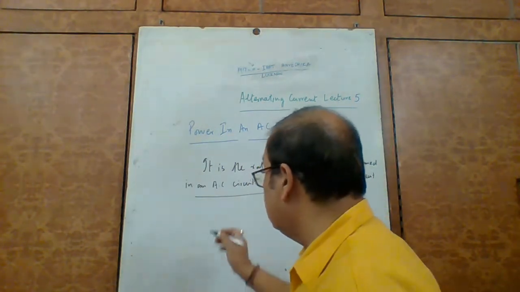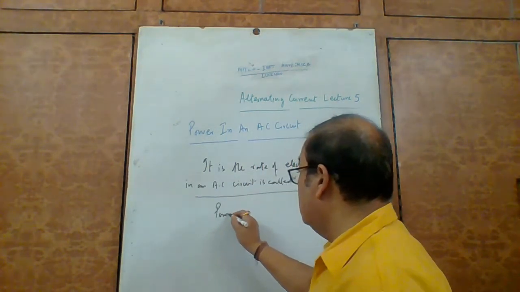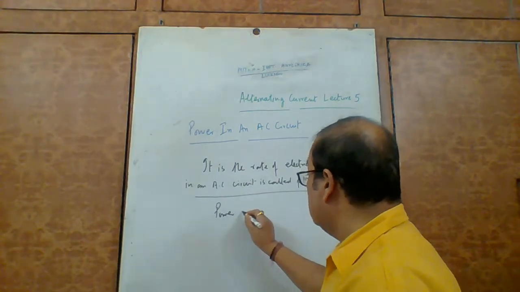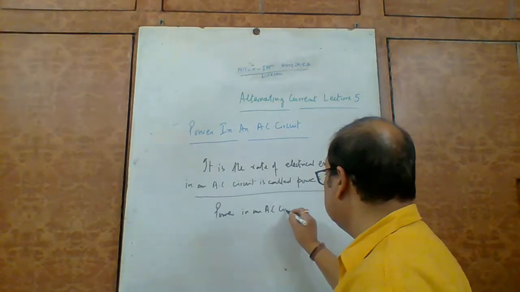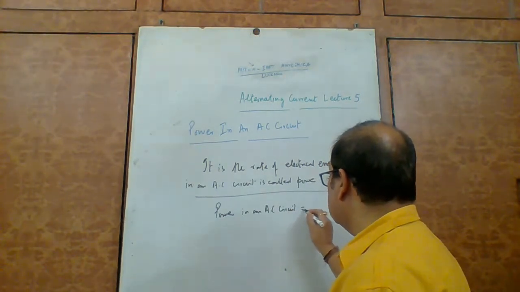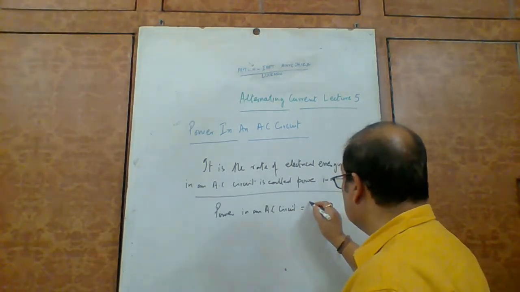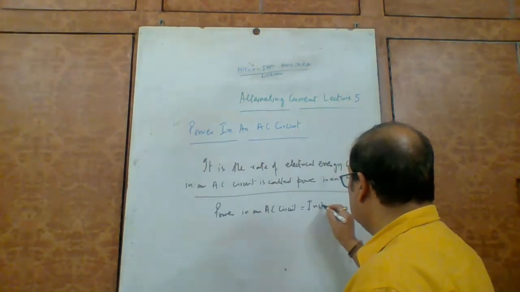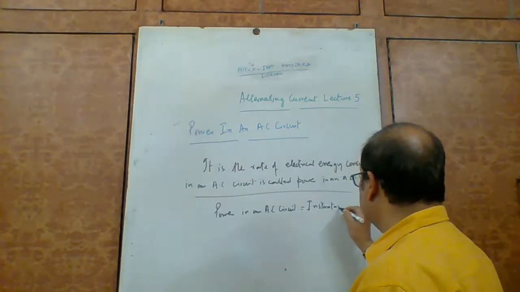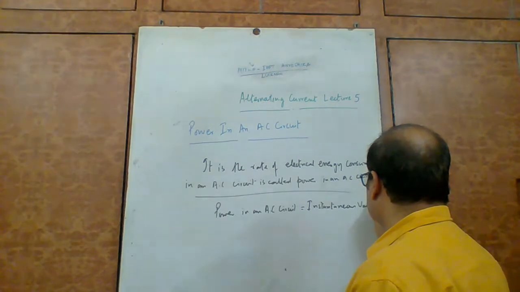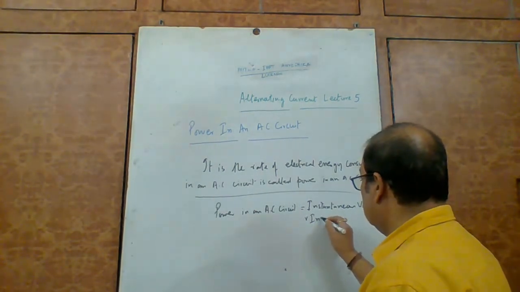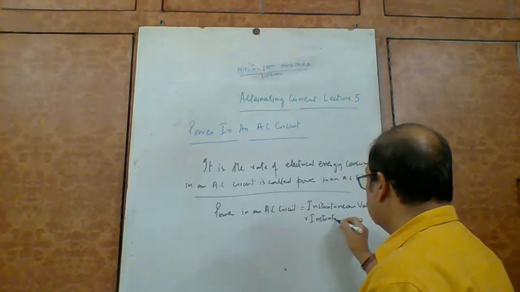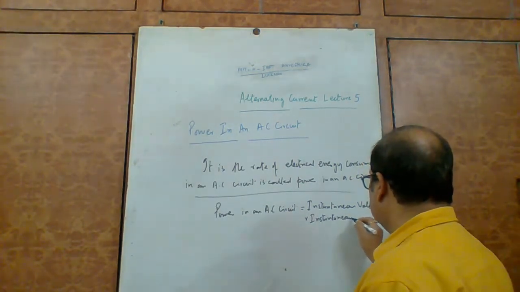power in an AC circuit is the product of instantaneous voltage into instantaneous current.